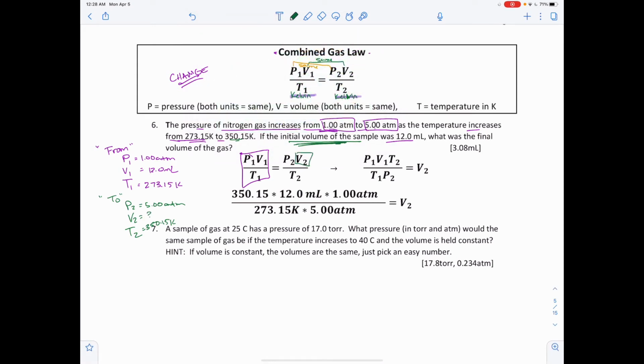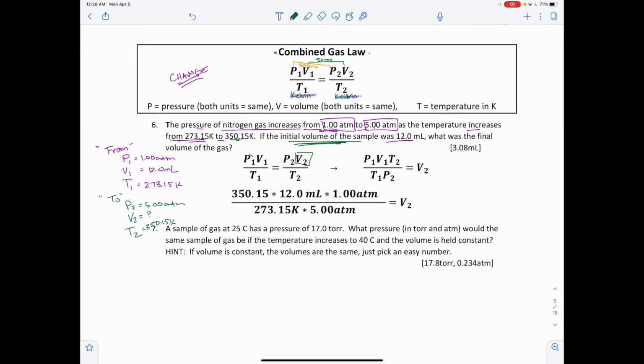So we basically have all of these, and we don't know this one. That's the one I'm looking for. So we're going to get this by itself. The way we get it by itself is we are dividing out or multiplying out. You may even like the idea of cross multiplying. Some people really like thinking of it like that, where this comes up here and this goes down there, but we're trying to get that V2 by itself.